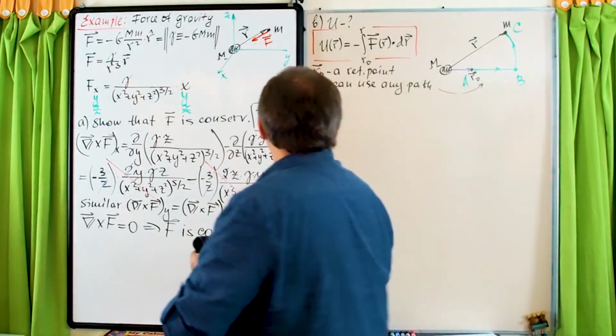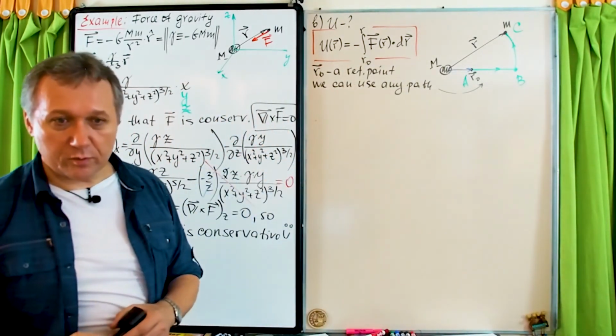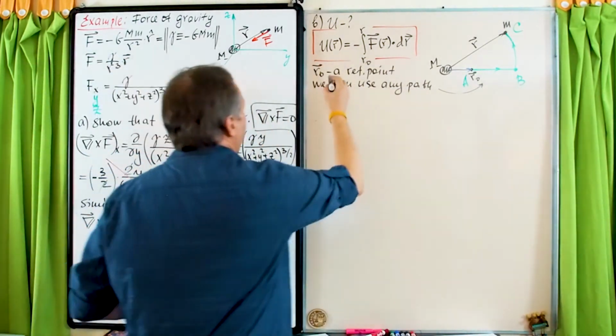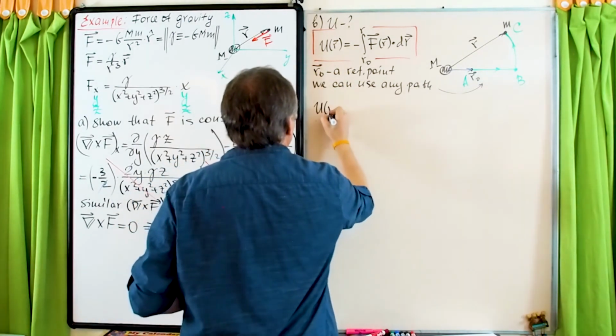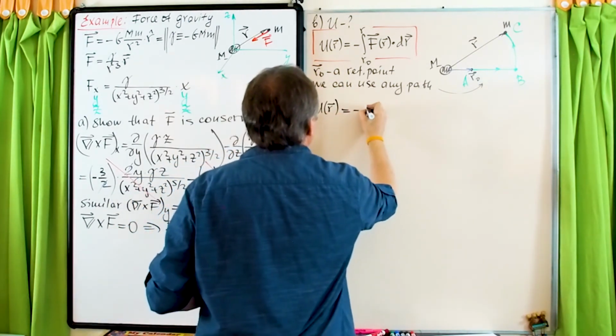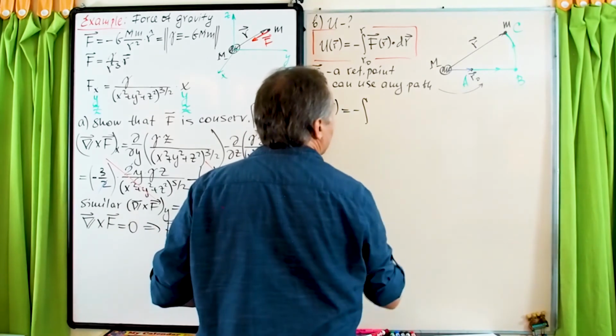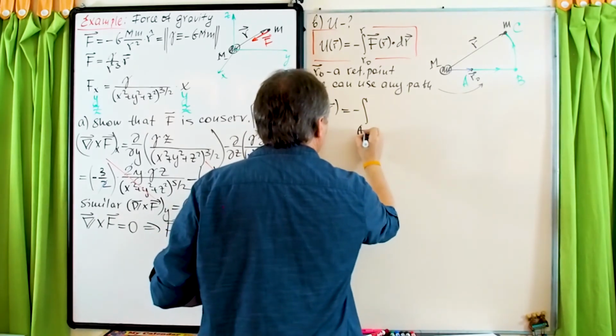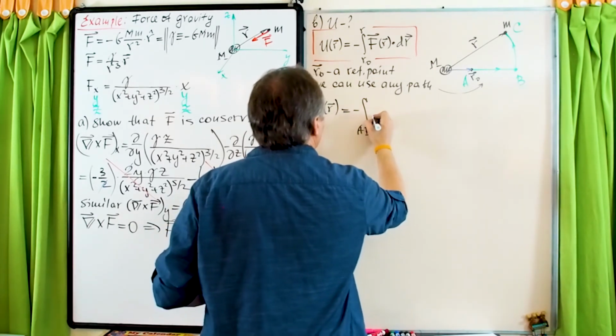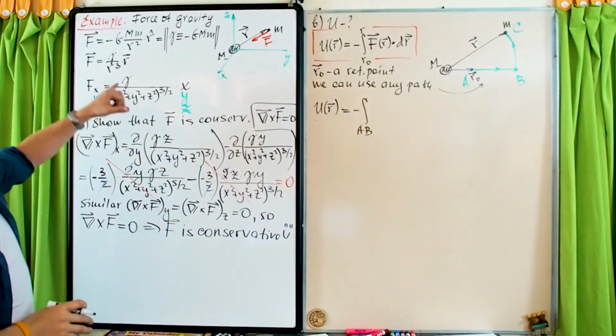So, of course, this integral must be split into two parts. As a result, u of r equals the integral first over AB, and F is here.